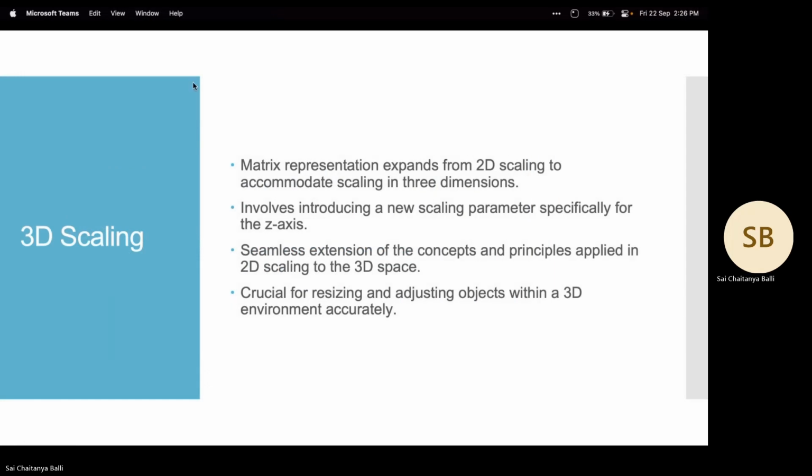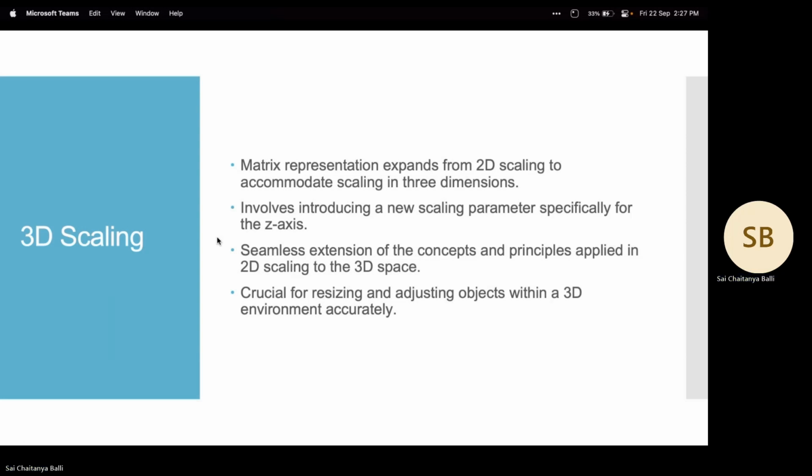First, we have 3D scaling. What does 3D scaling mean? 3D scaling is nothing but what we have seen in 2D scaling, but here we are doing the same scaling in three-dimensional space, where we have a new z-axis.